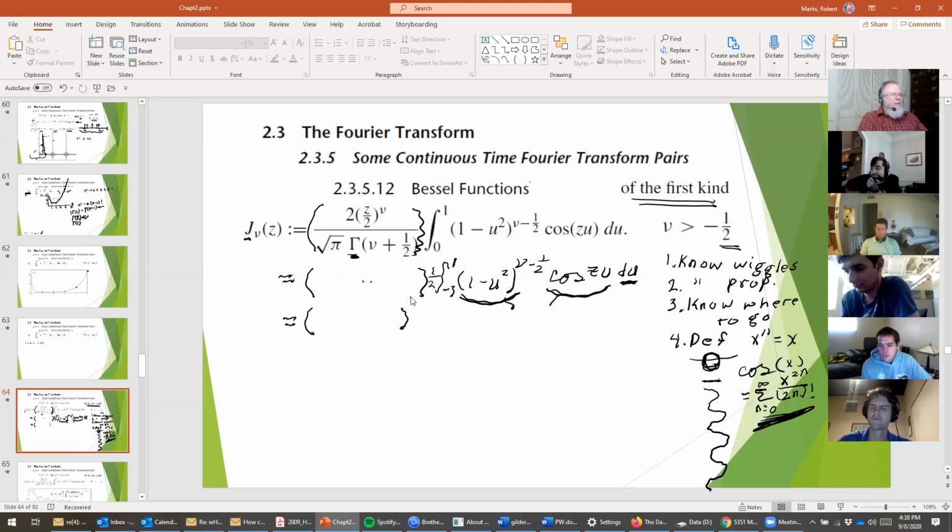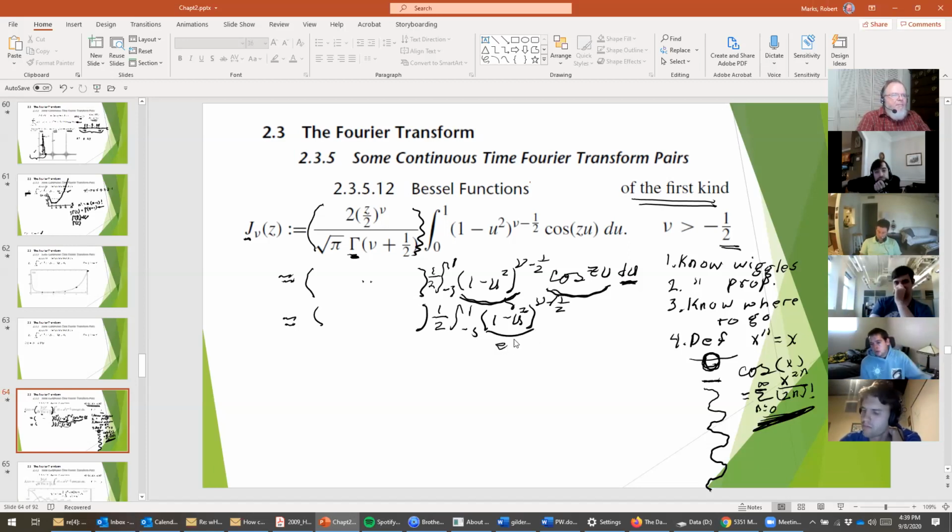Well, here's the other thing. So it's equal to this coefficient again, times 1/2 times the integral from minus 1 to 1 of (1 minus u squared) raised to the nu minus 1/2 power. Now you notice again, this is even.